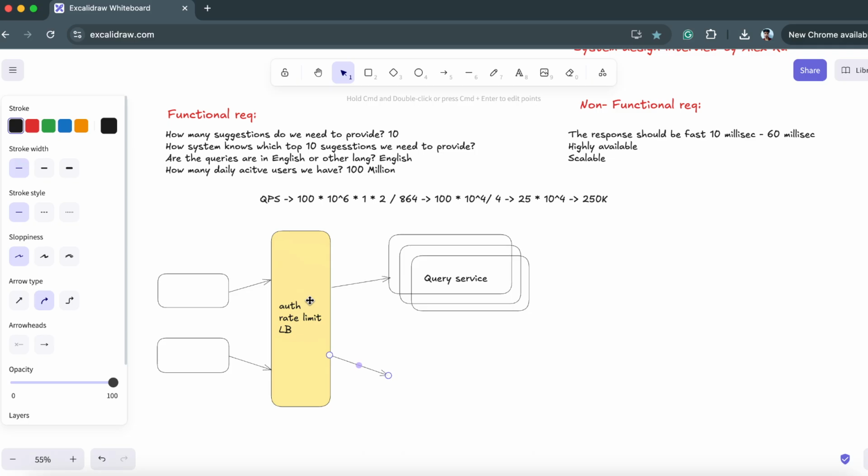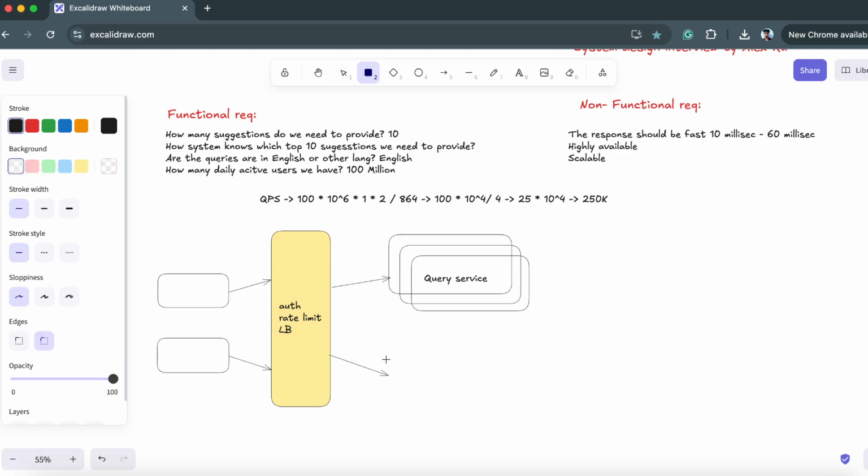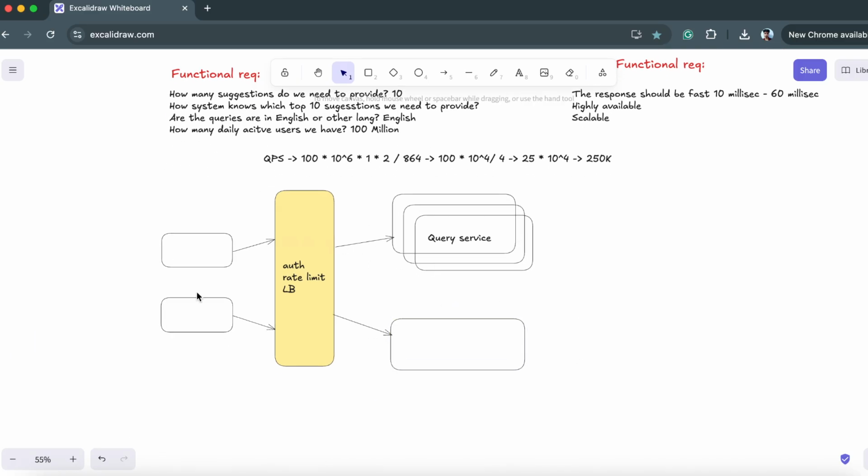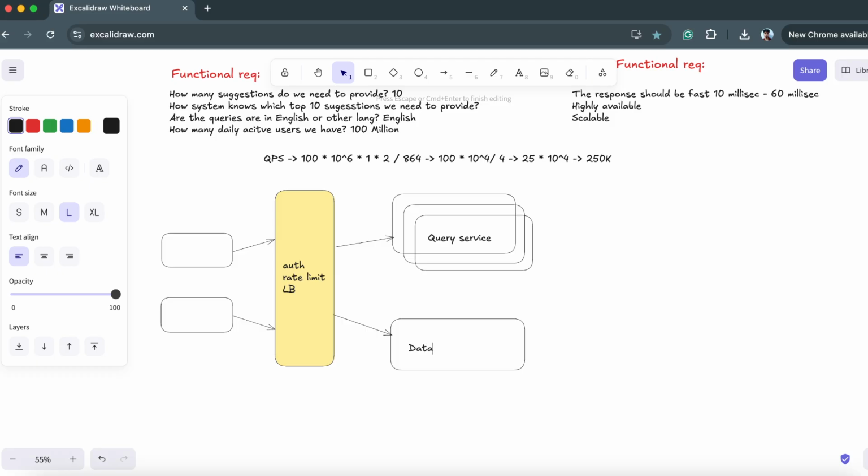We want to store it in such a way that whichever words are searched most frequently, we will keep collecting and updating that information. So this is a data gathering service, and this particular API should of course be hidden from the users. We don't want to expose these APIs to the users. So this one is the data gathering service.